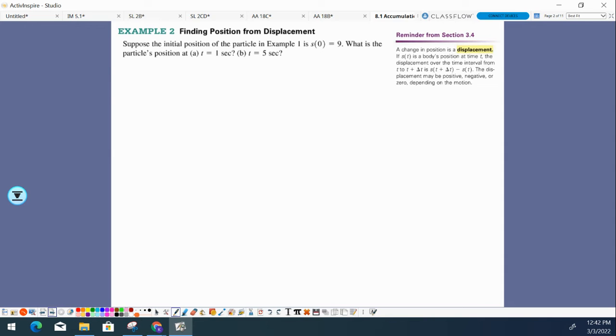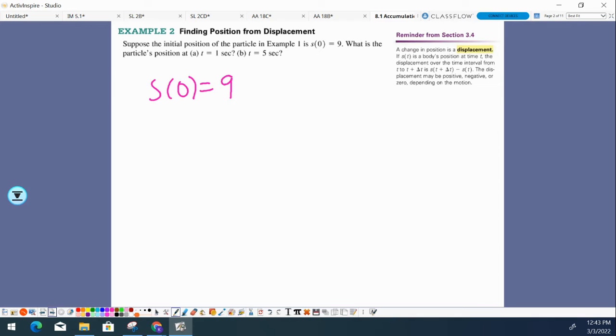Okay, so finding position, where it's actually at, from displacement. It's saying suppose the initial position of the particle in example 1 is 9. So the particle is starting at 9. What is its position at time 1 and at time 5?